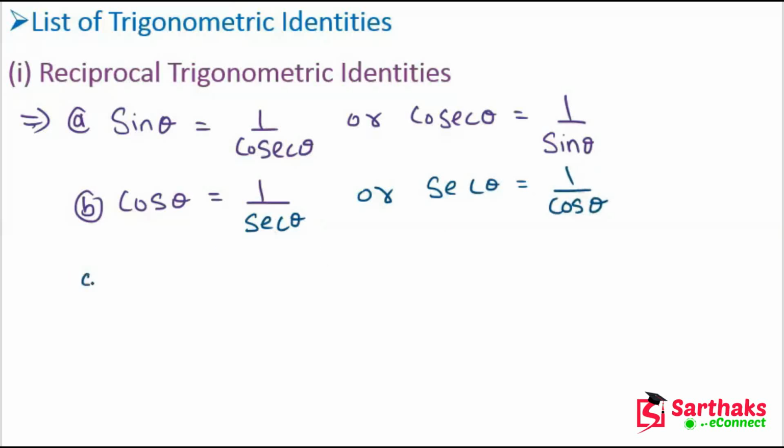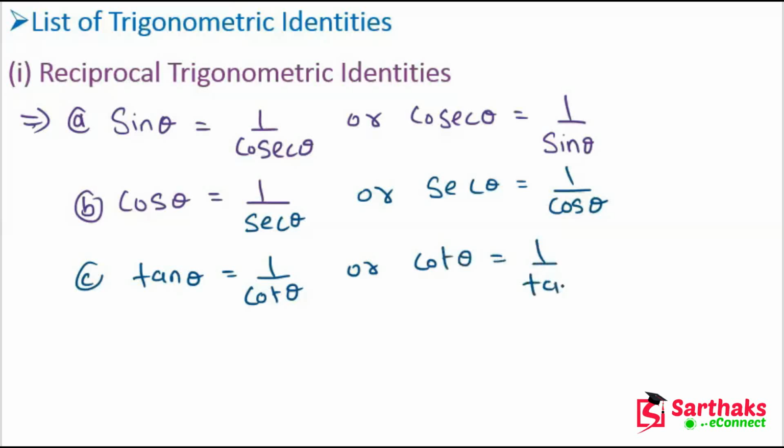Now tan theta is equal to 1 upon cot theta, or cot theta is equal to 1 upon tan theta. So these are reciprocal trigonometric identities.